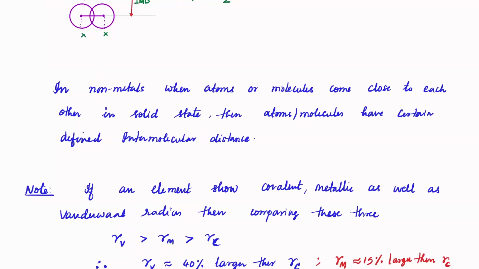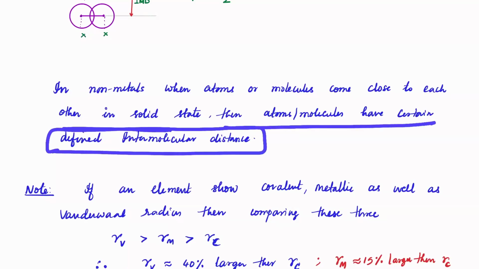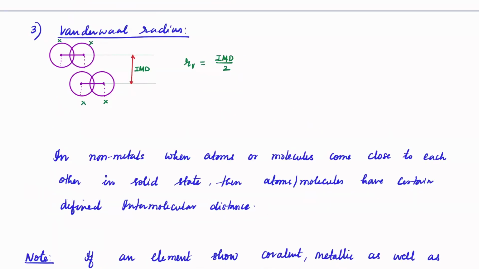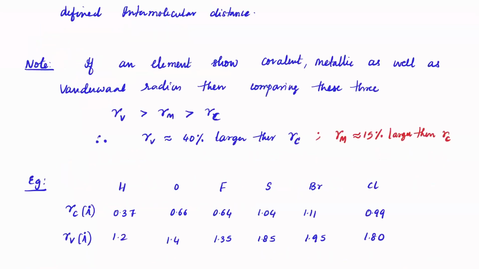Notice in non-metals, when the atoms come close to each other in a solid state, these molecules have certain defined intermolecular distances. This is the closest distance they can come across. Approximately, van der Waals radius is almost 40% larger than the covalent radius, and metallic radius is 15% larger than the covalent radius, for any element you take.